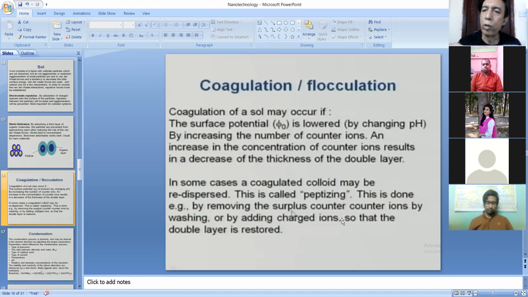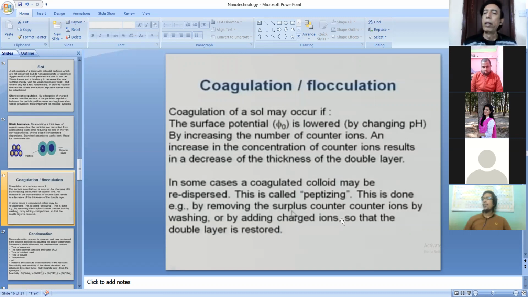Some counter ion is produced there. Some negative charge is produced there, which just lowers the surface potential of the salt. Now you have washed the surface of the salt, or you have given more positive ions in the solution from outside.